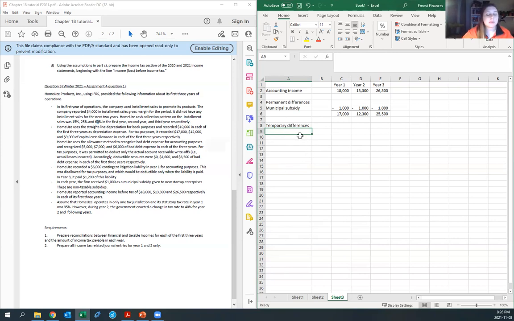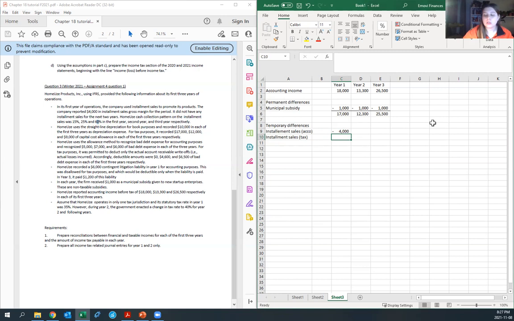So first, I'm going to remove the amount that was accrued under accounting. So I'm removing $4,000. I'm removing it because it was included in my accounting income and increased it, but I want to decrease it to get to my taxable income. I want to remove it from the accounting income. Then you have your installment sales under tax. That's the amount that you actually collected from the installment sales each year.